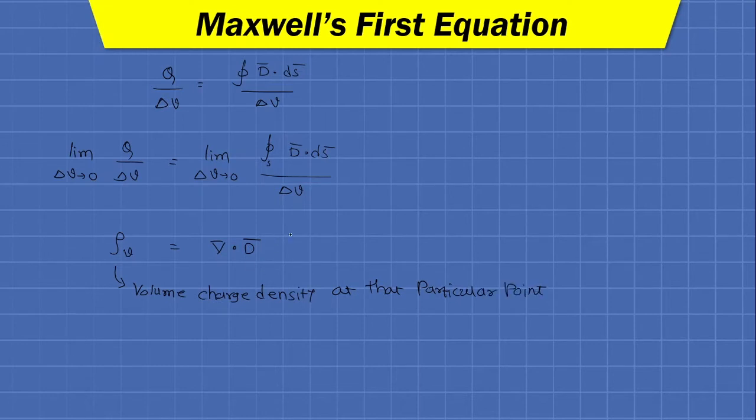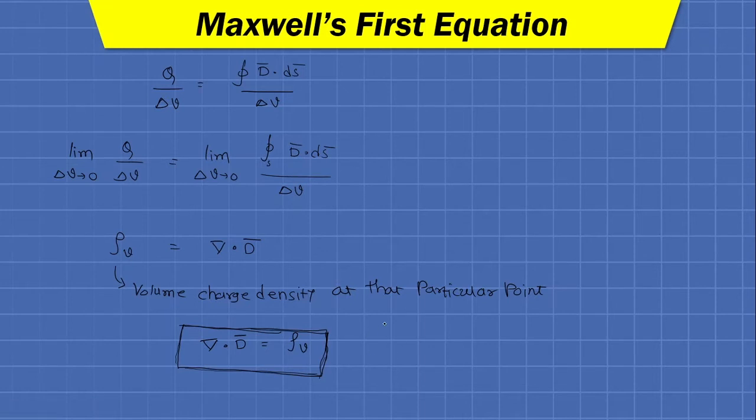So according to Maxwell, he derived that the divergence of D bar is nothing but the volume charge density, and this is the first equation of Maxwell, which is very helpful to determine or to prove many other phenomena or theories related to electromagnetic fields, or specifically electrostatics.